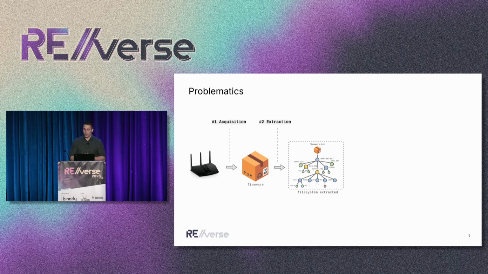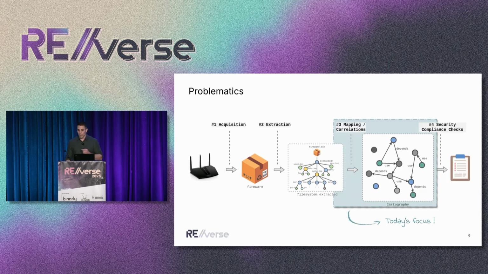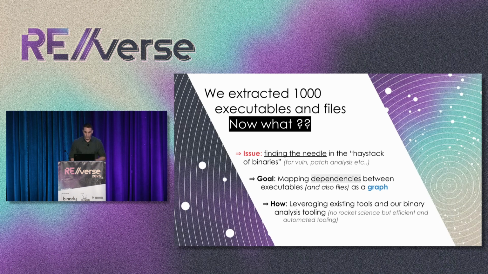But if everything goes fine, in the end, what you obtain is a file system with the different partitions. But today's focus will be on what we can do with that. Because, as I just mentioned, we have to do some mapping, cartography, to basically understand who is using what, which binary is using which libraries, how a given file is being consumed by an executable, for instance, so that you can do all your security or compliance checks.